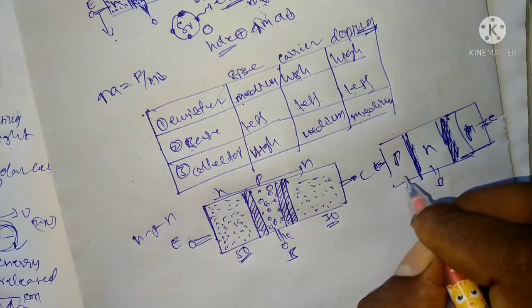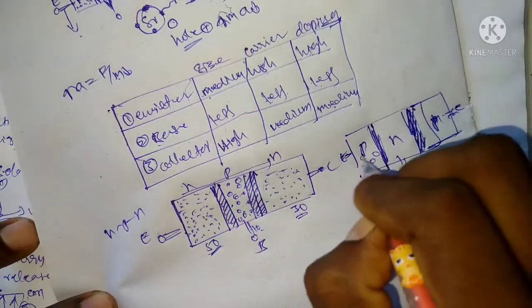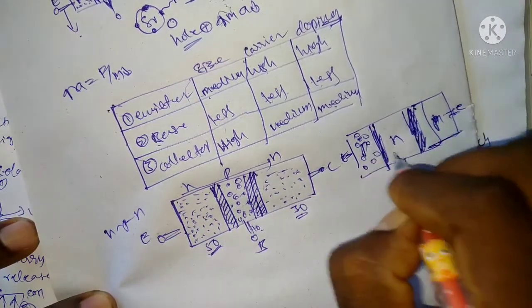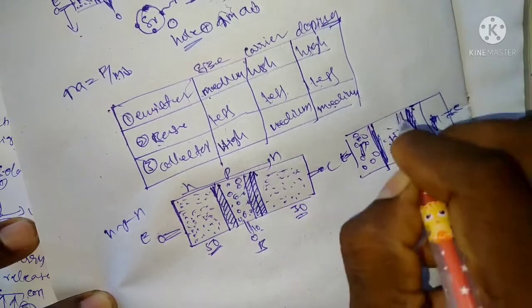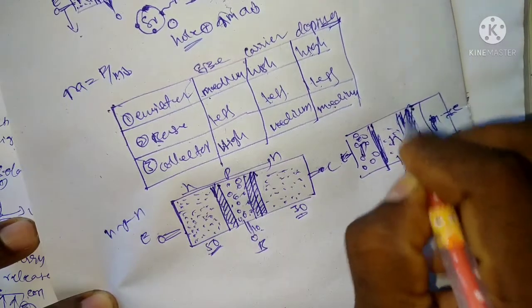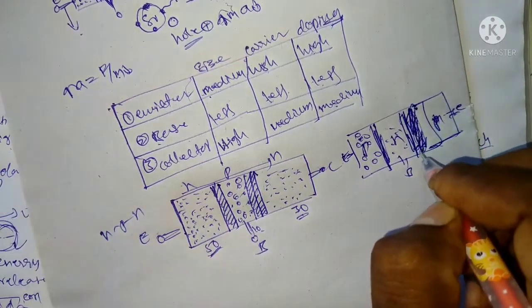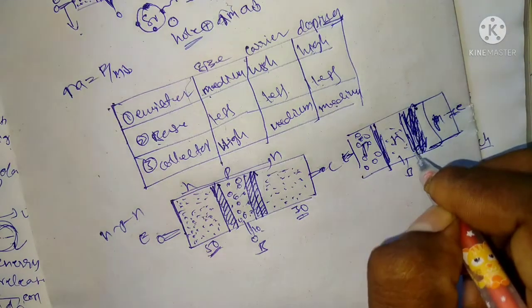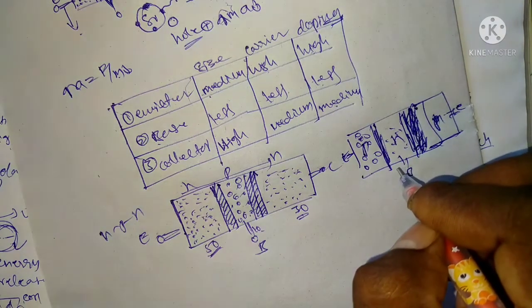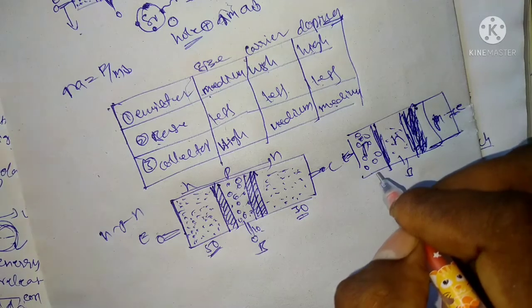In the case of PNP transistor, the majority charge carriers are holes. Here the majority charge carriers are electrons. It is a very small size, very small in the case of PNP transistor and NPN transistors.